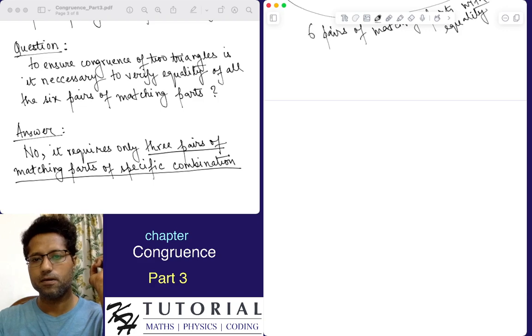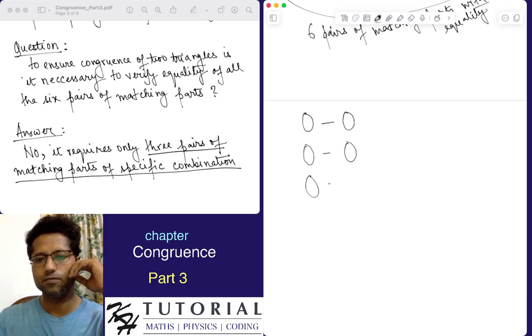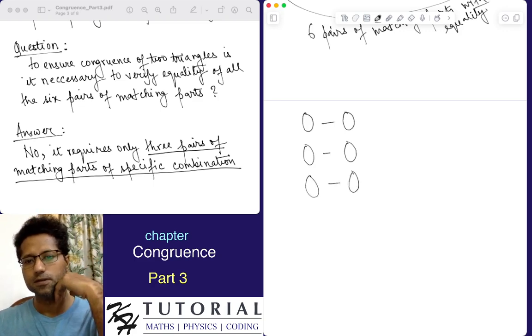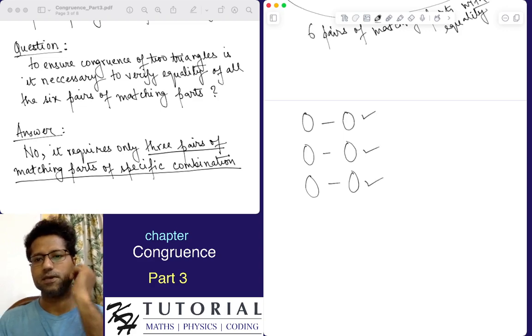What is a matching pair? Something like this. So we will need 3 pairs of matching parts. This is a matching pair, this is a matching pair, and this is a matching pair.